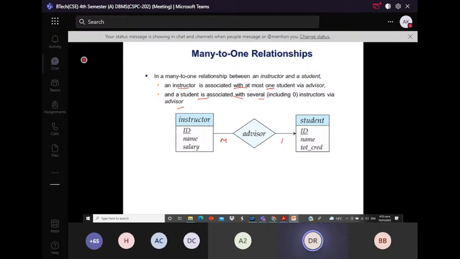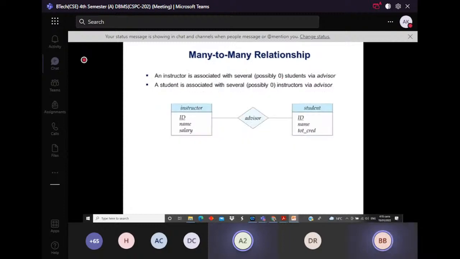Yes, ma'am. Now you can see the next one. It is a many to many relationship. That means an instructor is associated with several students and a student is associated with several instructors, right? Yes, ma'am.